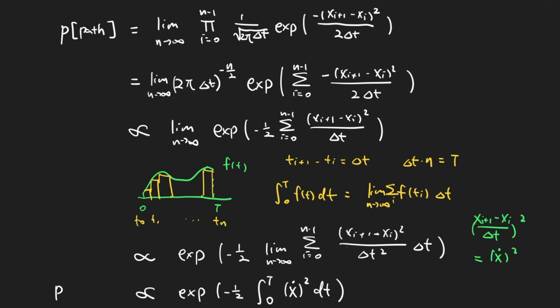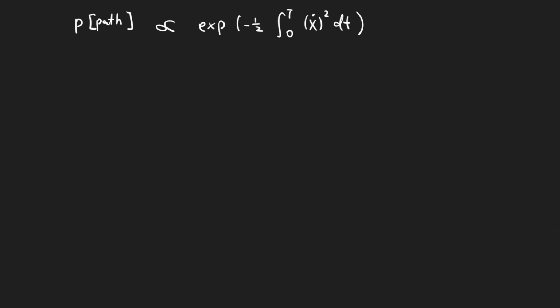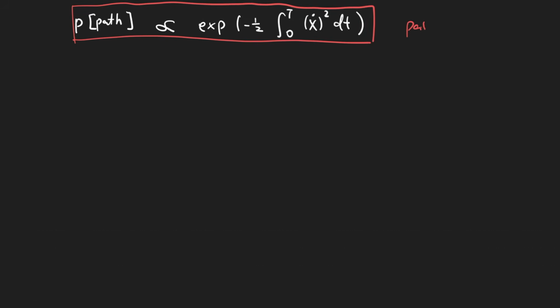So this is the equation for the probability of a path, also known as the path integral. And for the path integral formula, we can denote the exponent as I of x, which equals a half times the integral from 0 to T of x dot squared dt.